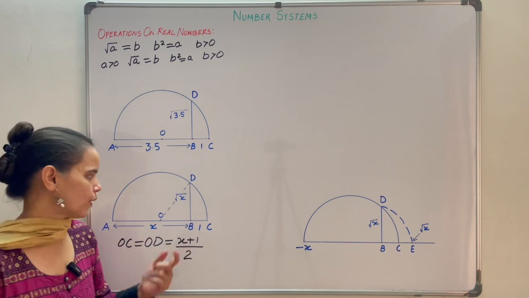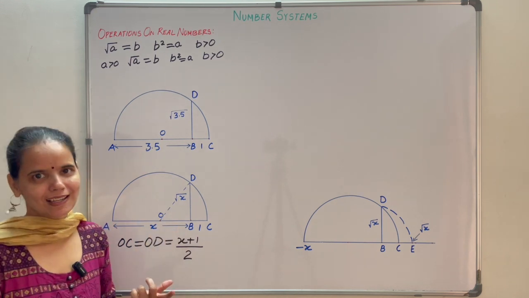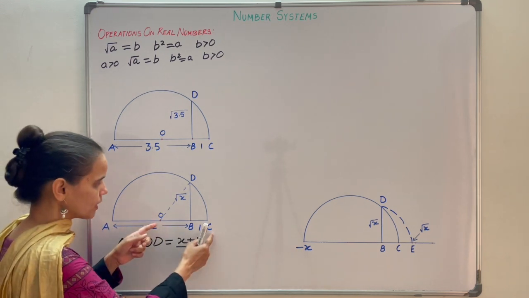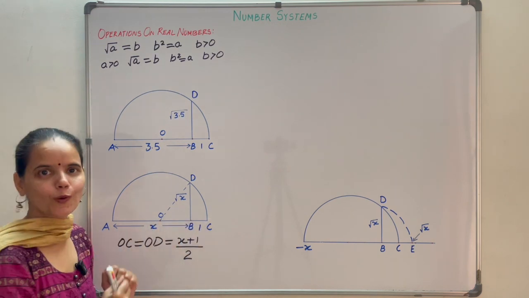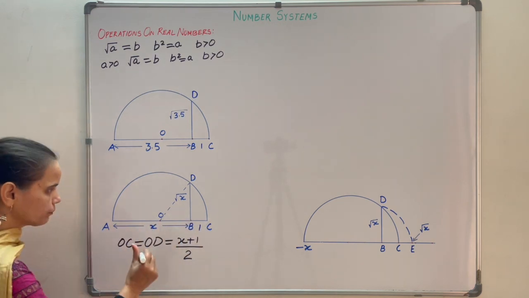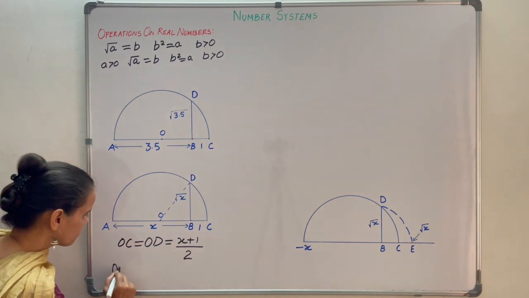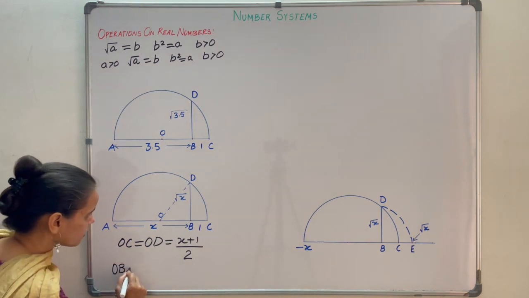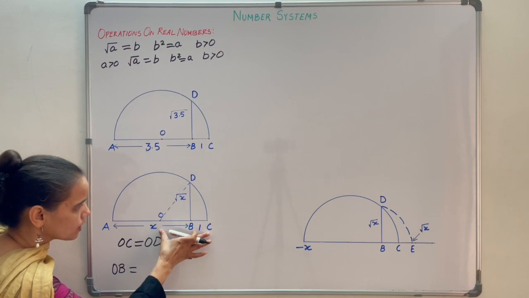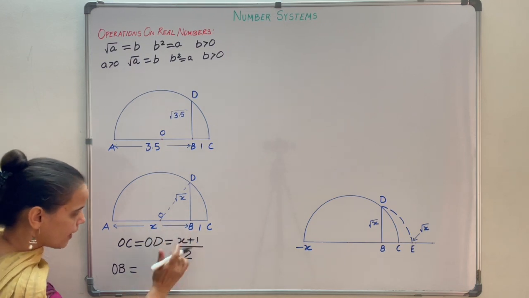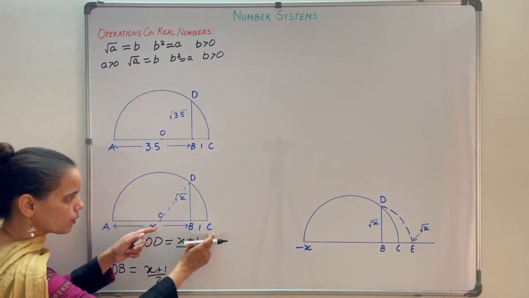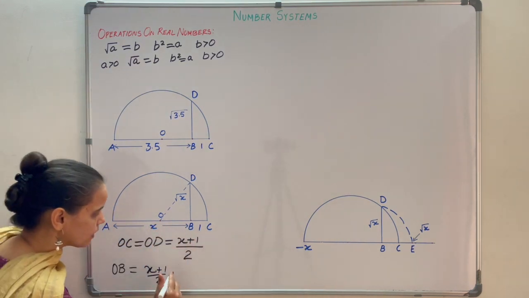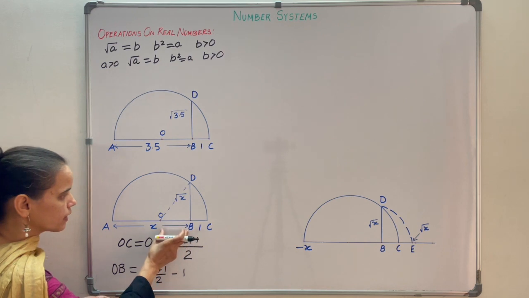Now we have to find out how much is OB. That is simple. From OC, if I subtract this 1 unit, we will get this OB. Let us find out. So OB is equal to, from this OC, how much is OC? X plus 1 upon 2 is your OC. If I subtract 1 from this, we will get OB.